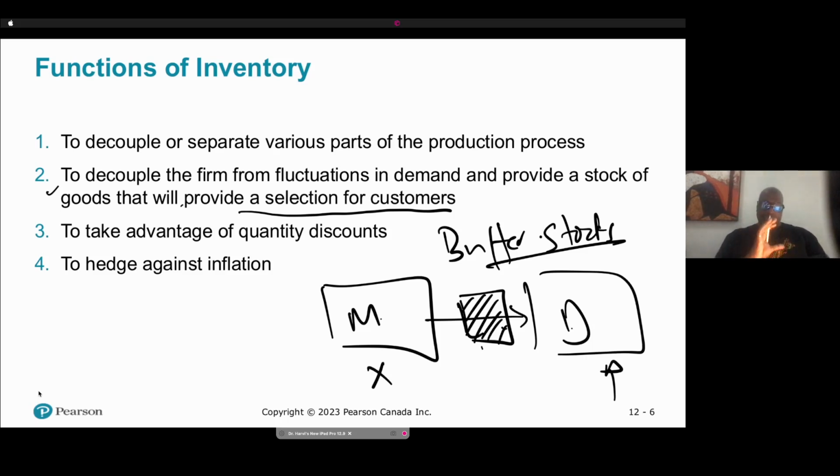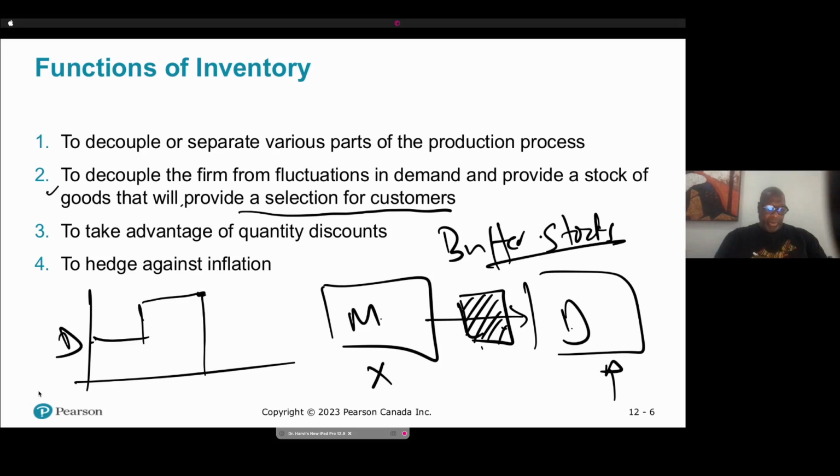If demand was very steady and constant over time, it would be very easy to satisfy the demand. But if demand is varying over time, you have to have some inventory in place.